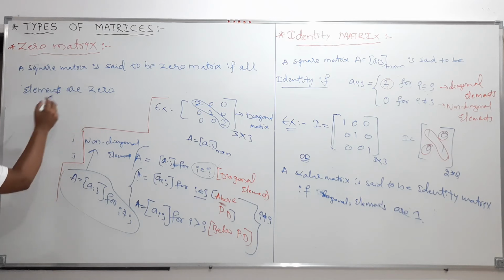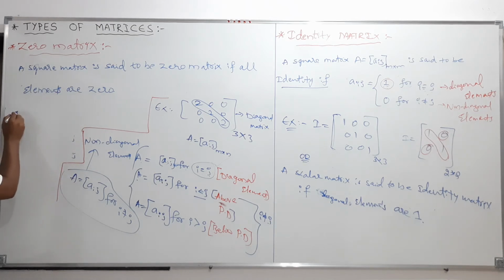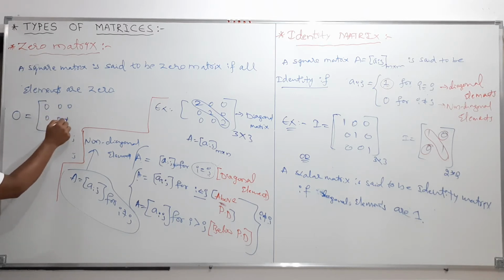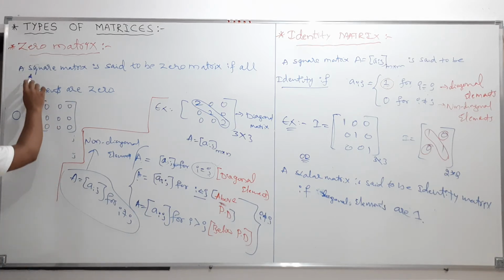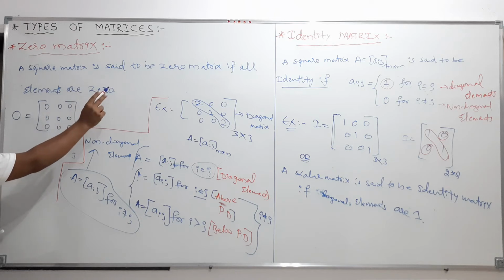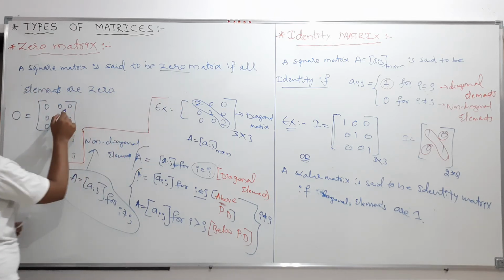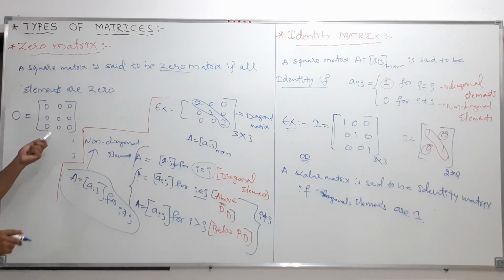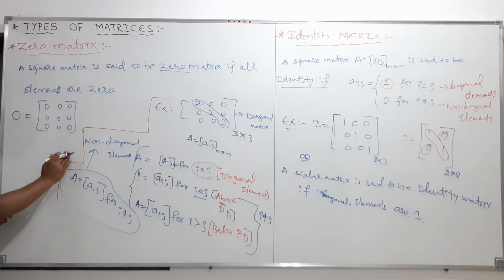Then such a matrix we can call the zero matrix, and generally we will denote it by a symbol like this, O, you can call it 0. So the elements will be like this: 0, 0, 0, 0, 0, 0, 0, 0, 0. So therefore, my dear students, a square matrix is said to be a zero matrix if all elements are 0. And in this case also, the order of the matrix is taken from the particular context.